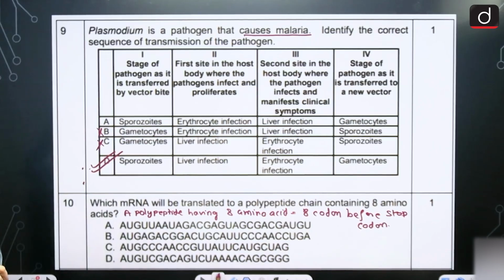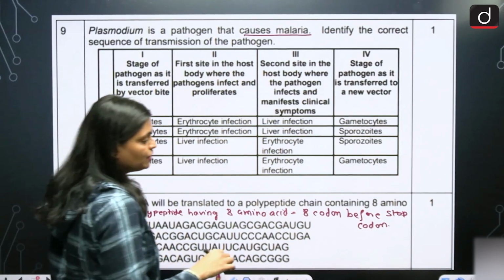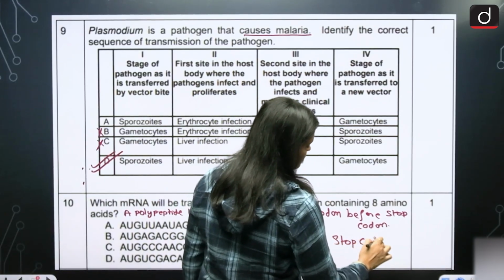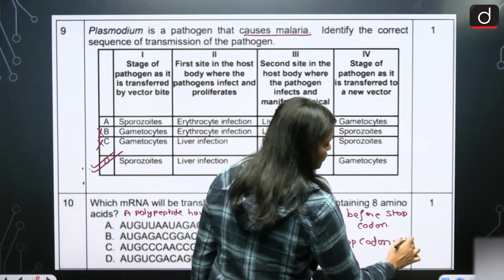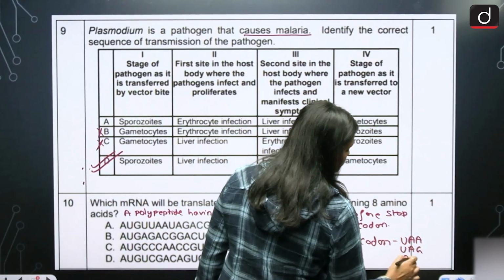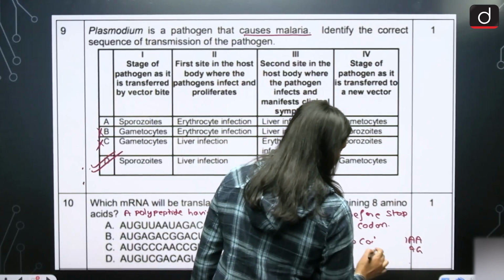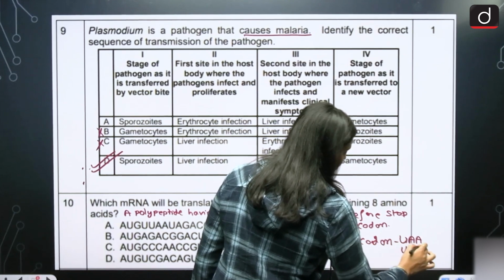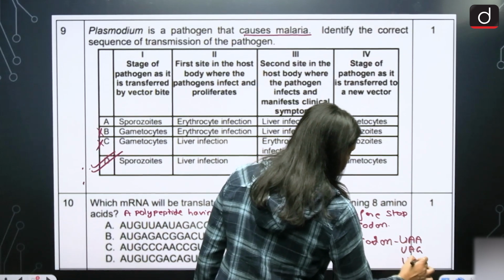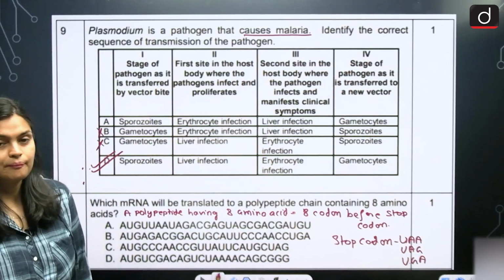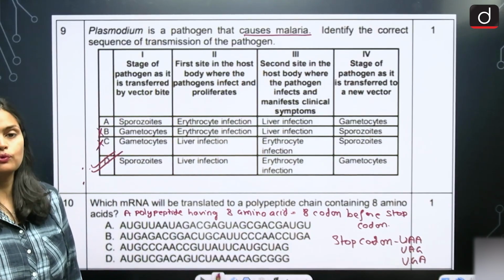So what are the stop codons we have? UAA, UAG and UGA. Okay, these are the stop codons.